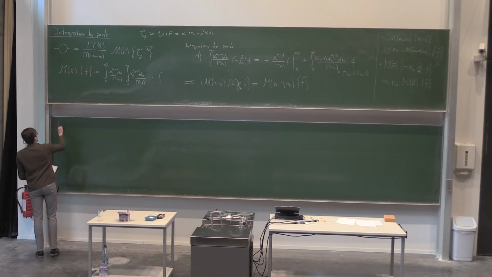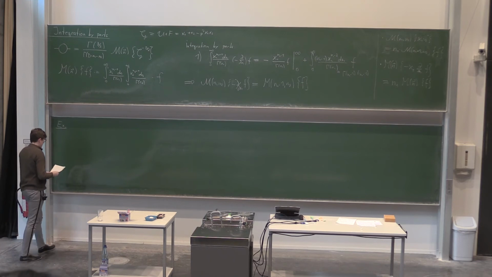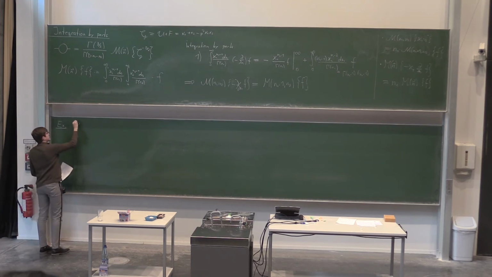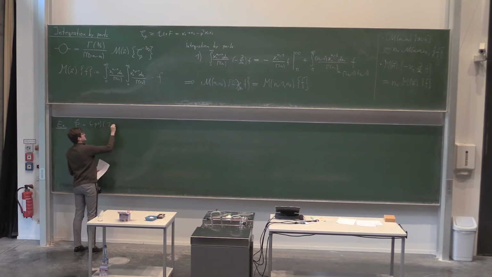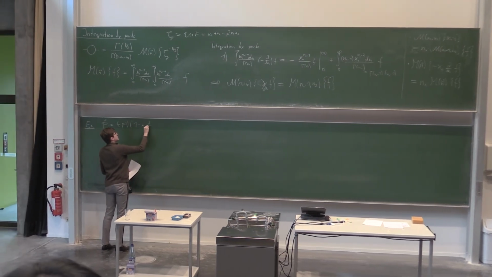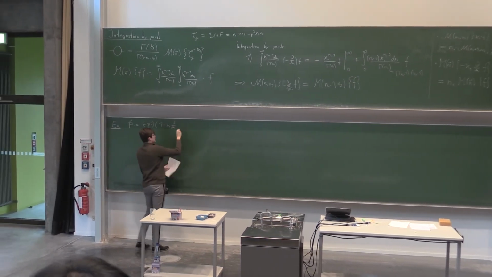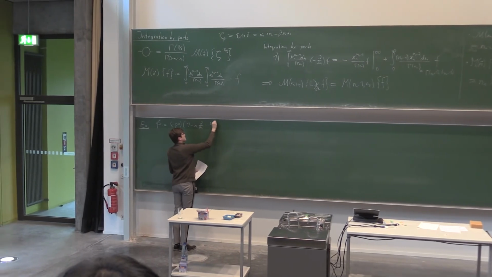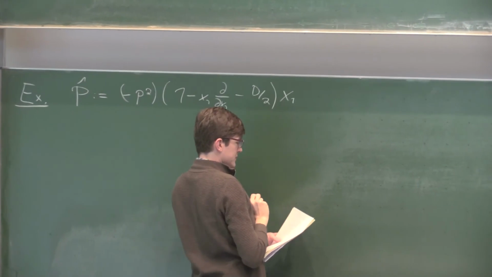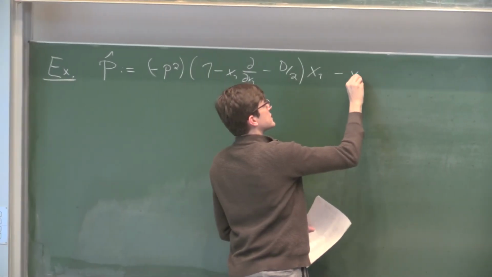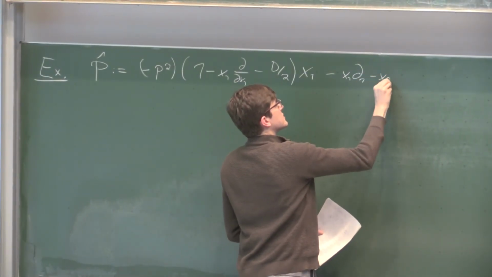So in this example of the one-loop bubble graph, let me define the following operator. That's a differential operator. So it's minus p squared (1 minus x1) d by dx1 minus d over 2 x1. And I give it a couple more terms, 1 x2 d2.